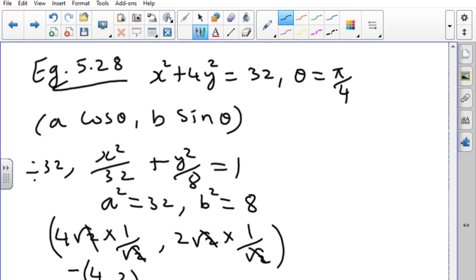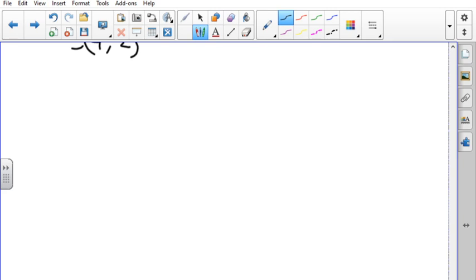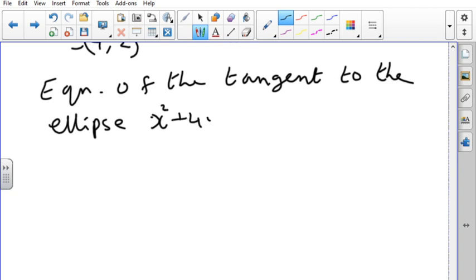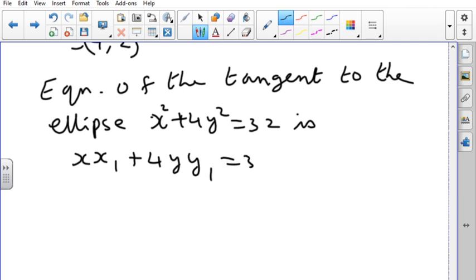Now the equation of the tangent to the ellipse x square plus 4y square is equal to 32 is, substituting x x1 plus 4 into y y1 is equal to 32. x1 y1 is 4 comma 2.